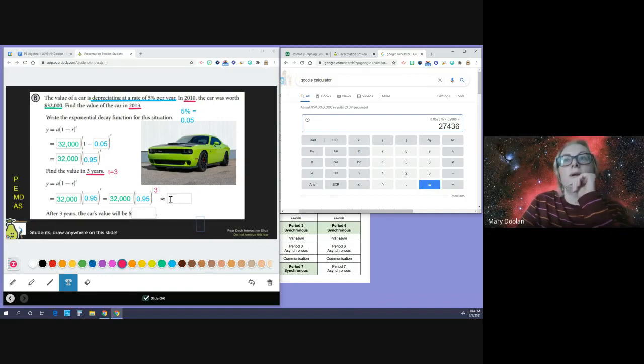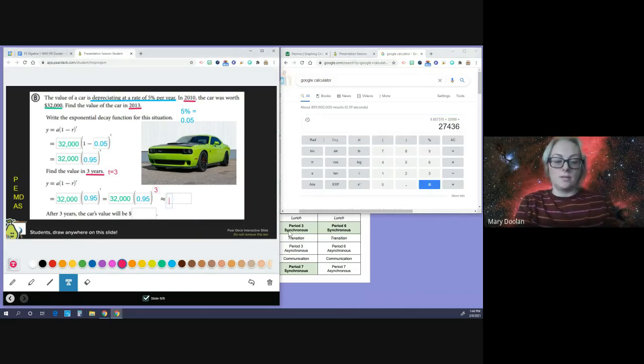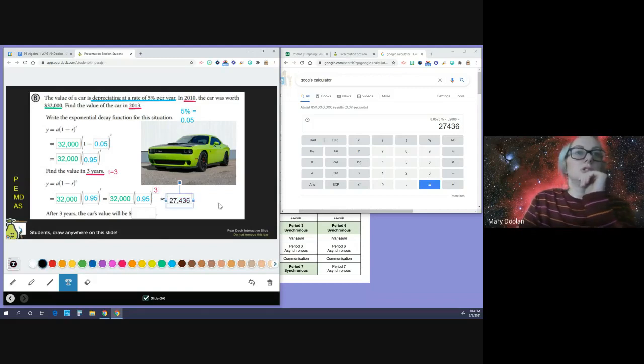Why does it say approximately equal to? I didn't round. Interesting. I'm not really quite sure why they have an approximately equal to symbol here. Where did we round? I don't remember rounding.